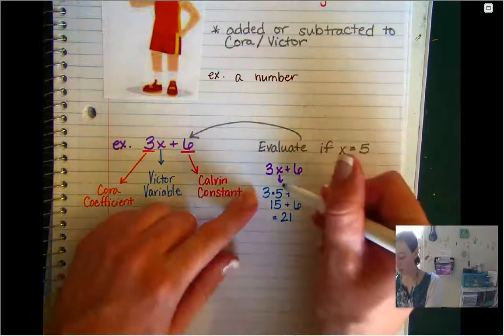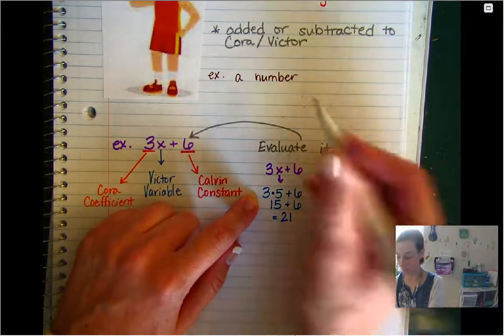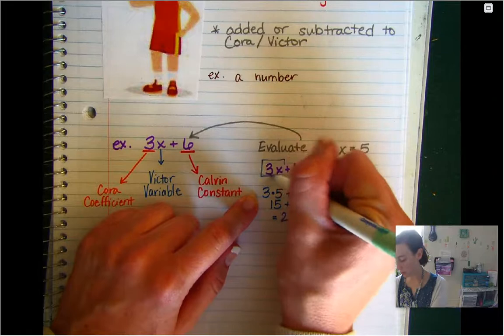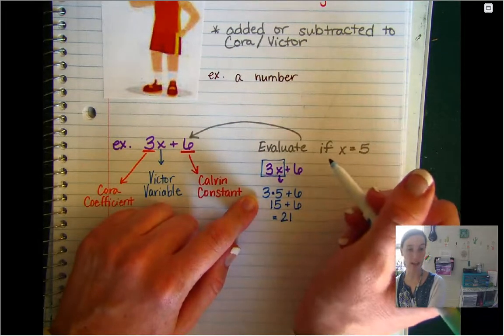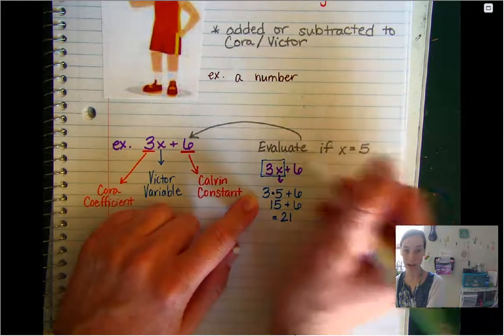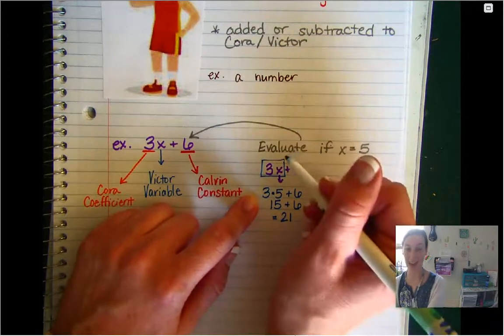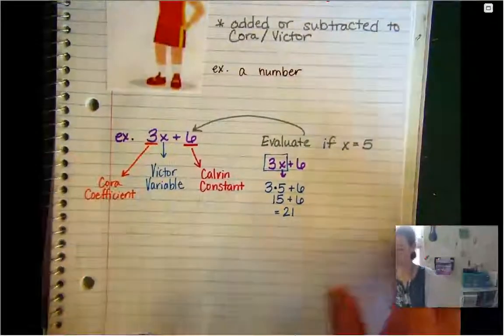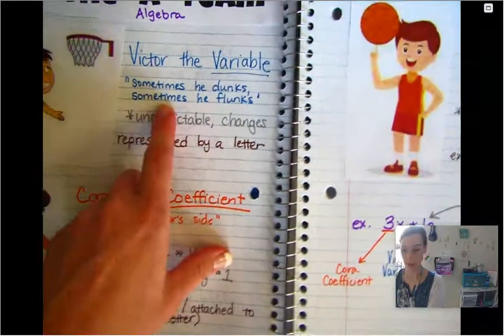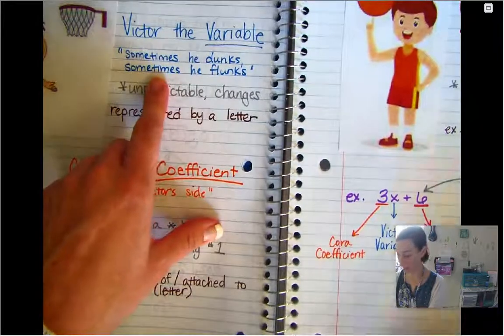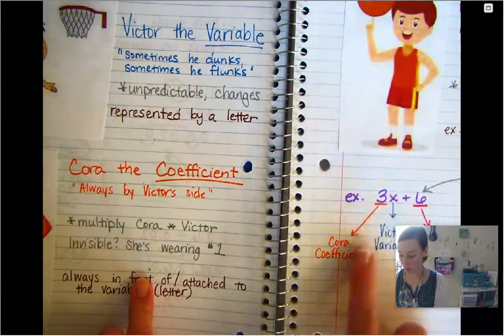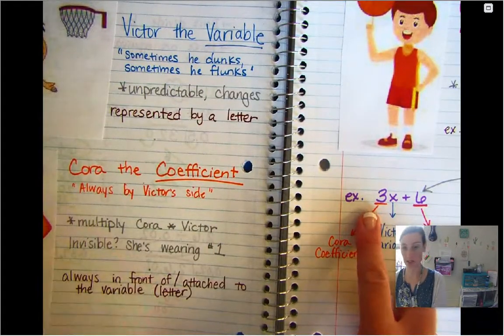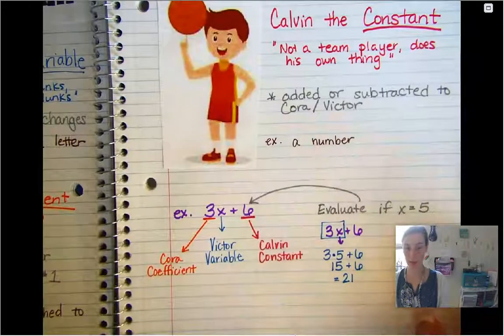Let's back up here. You might be saying, how did you know to multiply? Remember that these two are right next to each other. Anytime something in math is right next to each other, connected, that means multiplication. So in this case, Victor the variable was x, the coefficient was 3, and the constant was plus 6.